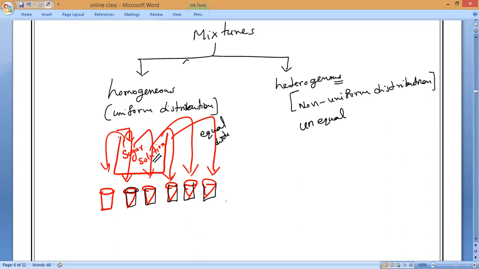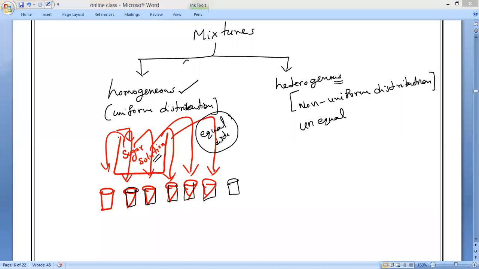So that is why, if I make it into 100 glasses also, I will get the same taste. So like these mixtures, we call them homogeneous mixtures. Do you understand, everybody?